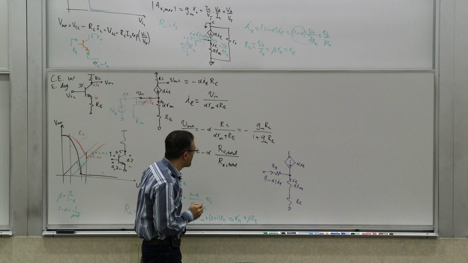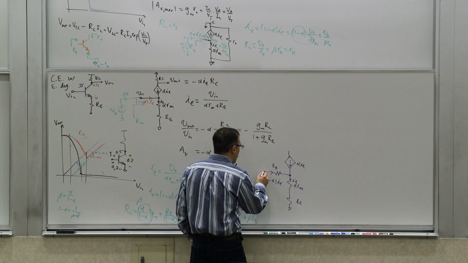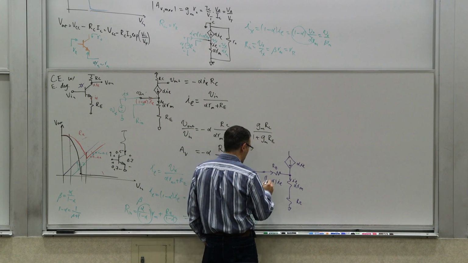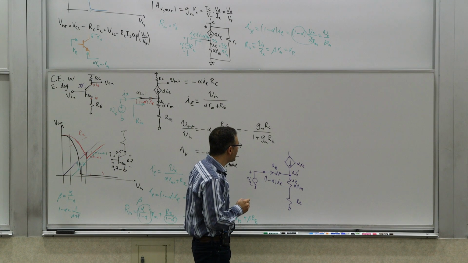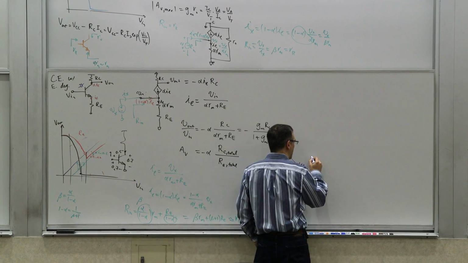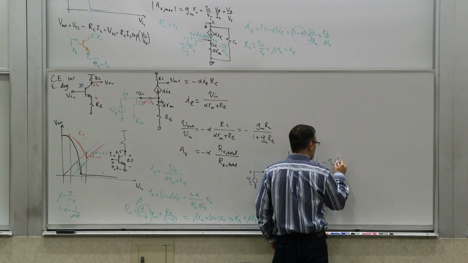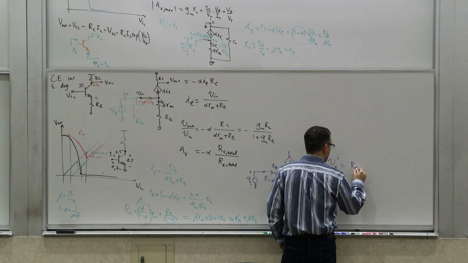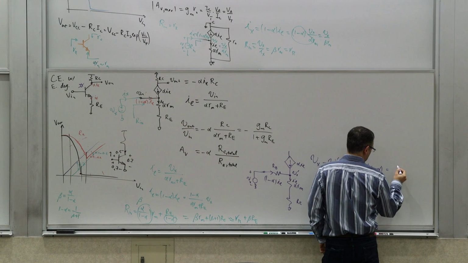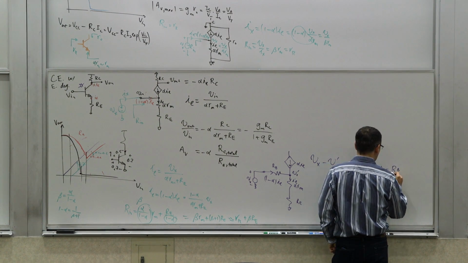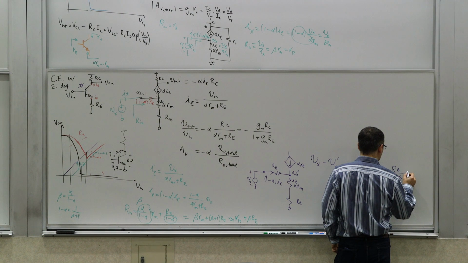Right? So now if I apply a Vx here, and let's call this Vx prime, what can I say about the relationship between Vx and Vx prime? I know Vx minus Vx prime is going to be Rb times IE times 1 minus alpha, or equivalently Rb divided by 1 plus beta times IE.